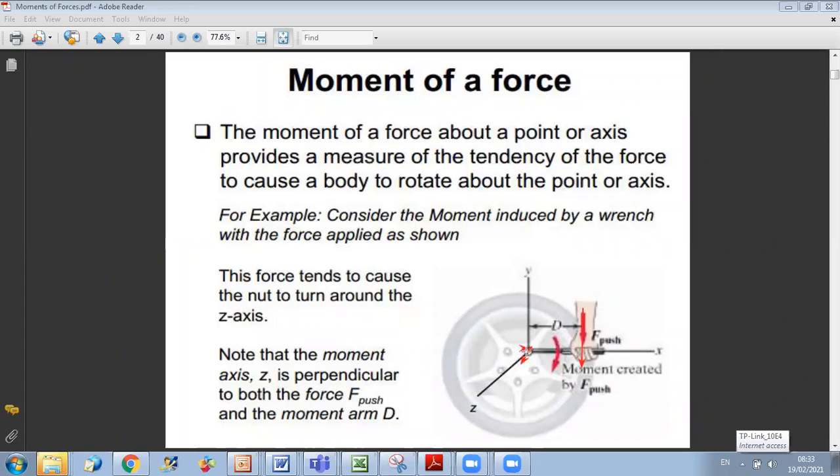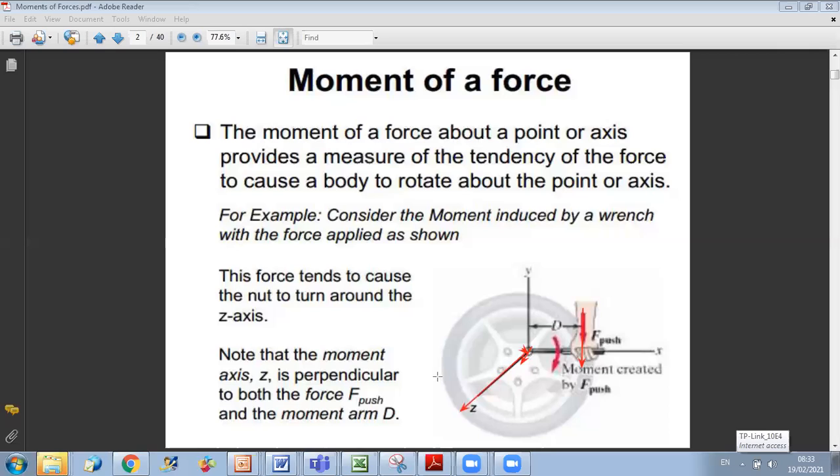You are putting a force that is perpendicular to this arm in order to cause rotation about point O. So this is the moment induced by a wrench with the force applied as shown. This force will tend to cause the nut to turn around which axis? Around the axis. Here, as you can see, you are trying to rotate about z.